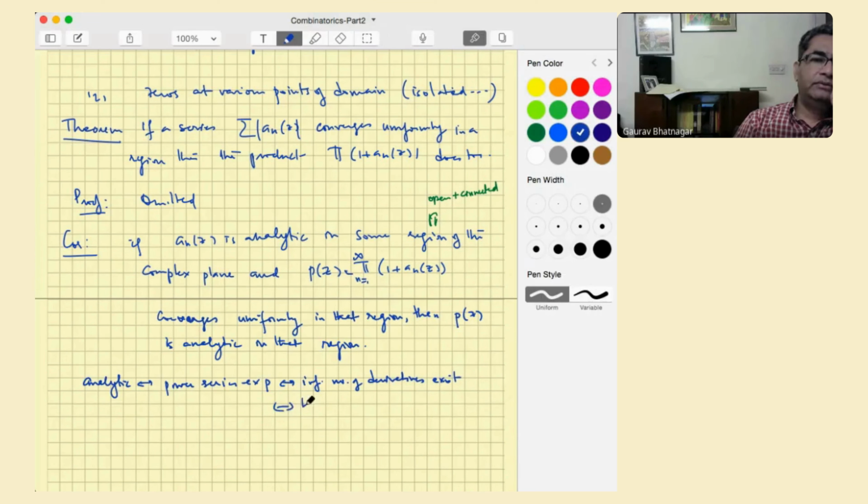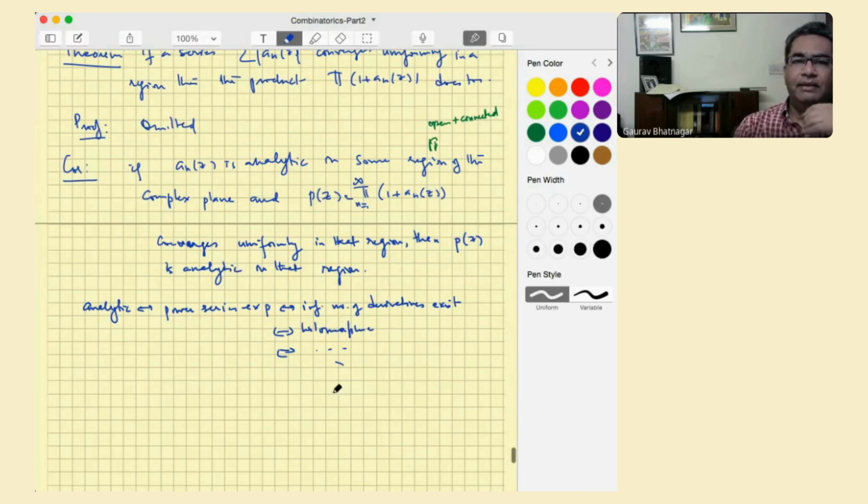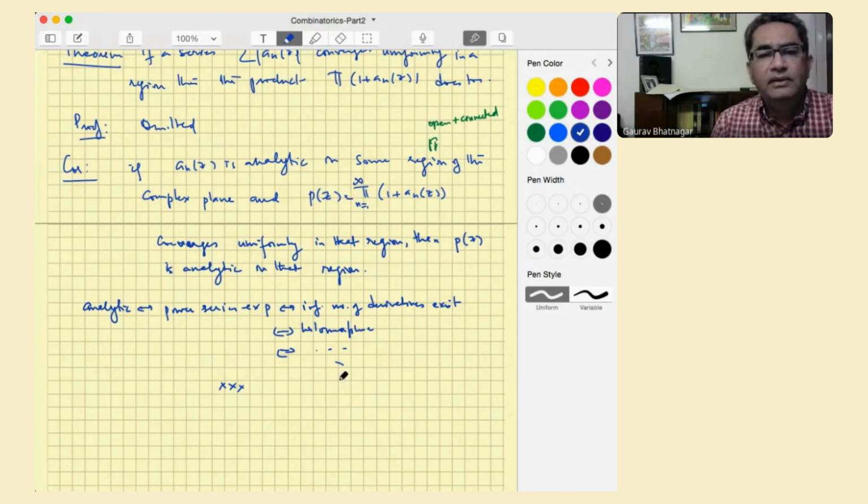So holomorphic, right? So all kinds of nice things. Zeros are isolated, and all those nice things happen if this happens. And we are bothered about some region. I mean, around z, you can always find and so on.